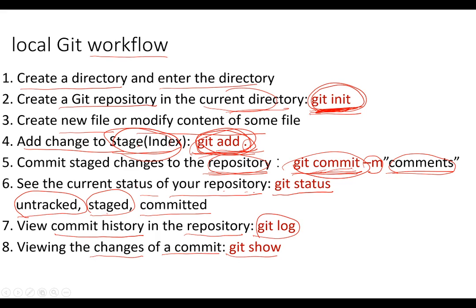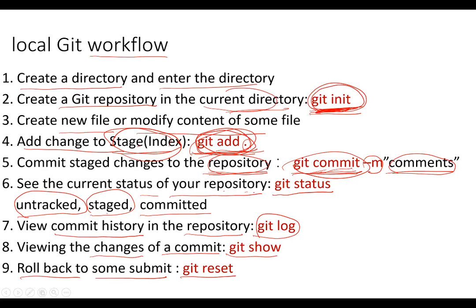You can also use the command git reset to roll back to some commit at an earlier time. Now we will see an example of how we work using Git on a local machine.